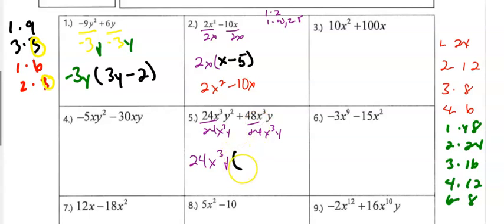So now let's look at what's left. 24 divided by 24 is 1. The x cubes cancel out. Y squared divided by y is just y. It's going to remain positive. So plus 48 divided by 24 is 2. X cubes again will cancel out to be 1. Y will cancel out to be 1. So there's our answer: 24x cubed y times y plus 2.